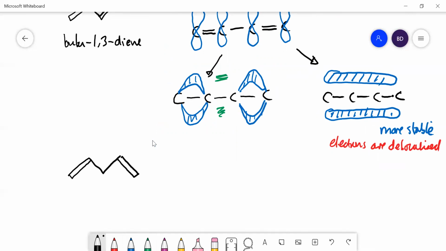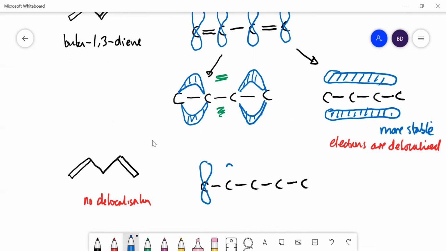There's no electron delocalization there. If you think about it, you can have unhybridized p electrons here, here, here, and here. They can't jump across this gap here, it's too big. That gap is a 2 bond length, not a 1 bond length, so you don't get electron delocalization there.